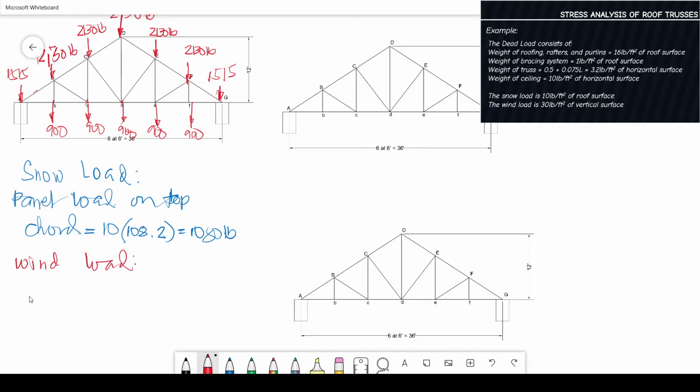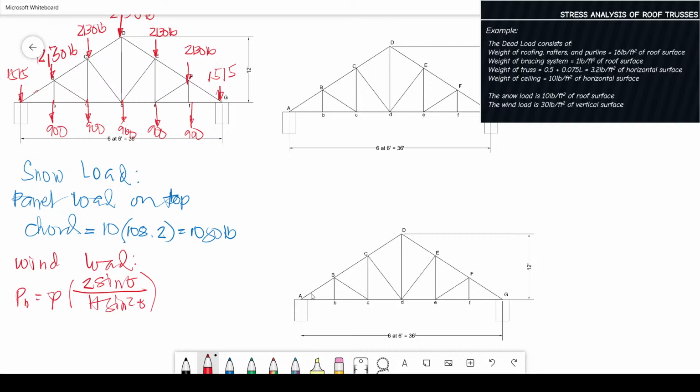Next is the wind load, using the Duchemin formula. Pn is equal to P times 2 sine theta over 1 plus sine squared theta. I have this memorized.